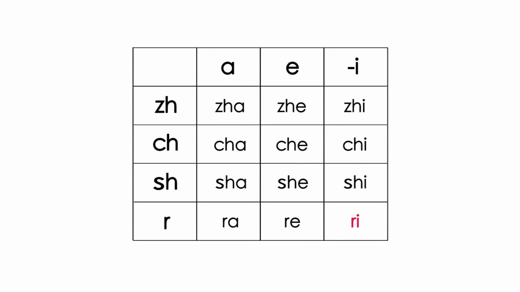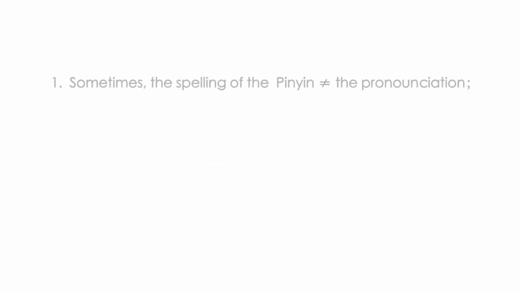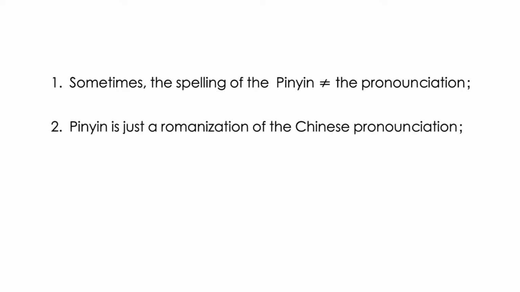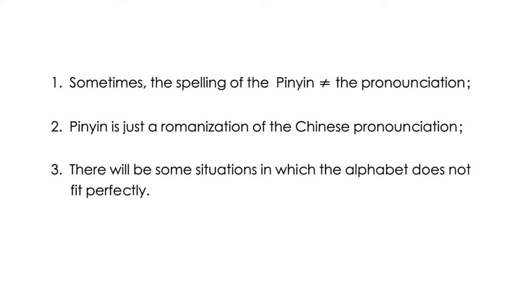As you may have noticed, sometimes it seems like the spelling of the pinyin does not accurately represent the pronunciation. And that's because Pinyin is just a romanization of the Chinese pronunciation. It's taking an alphabet that already exists and trying to fit it into a language that doesn't use a standard alphabet. Inevitably, there will be some situations in which the alphabet does not fit perfectly.